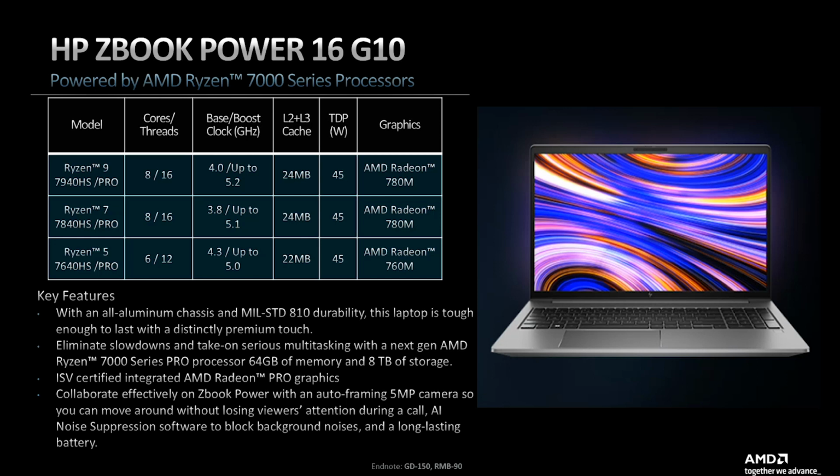Even on the 12th generation with the hybrid architecture, or the 13th generation, they still have 10 nanometer, even though it's renamed as Intel 7, it is still a 10 nanometer lithography. They do not have a 7 nanometer lithography yet, whereas AMD has already reached 4 nanometer today.